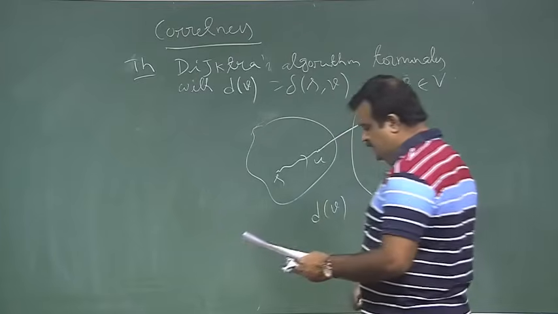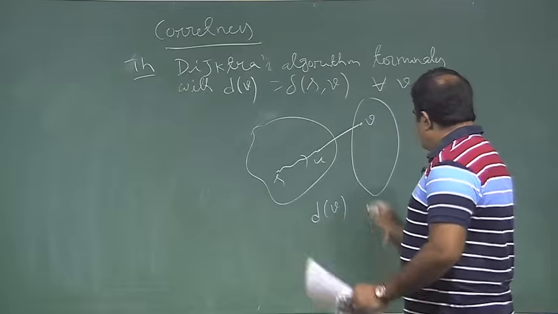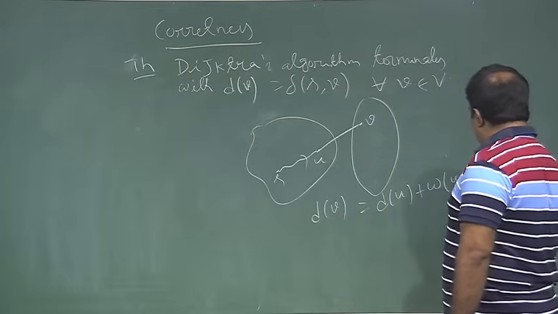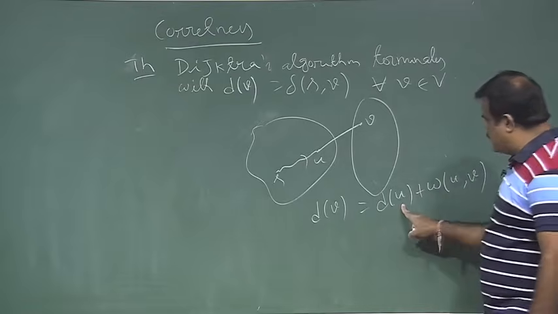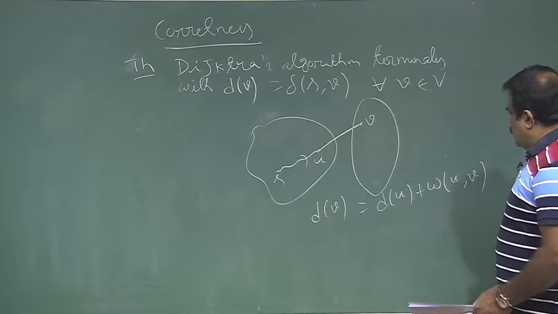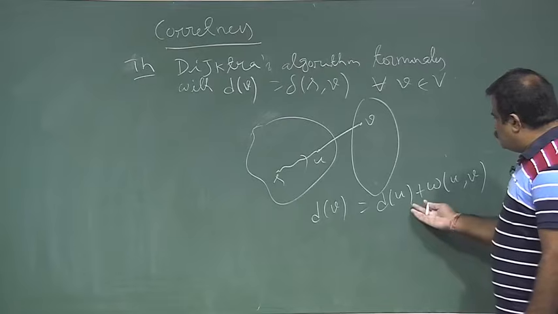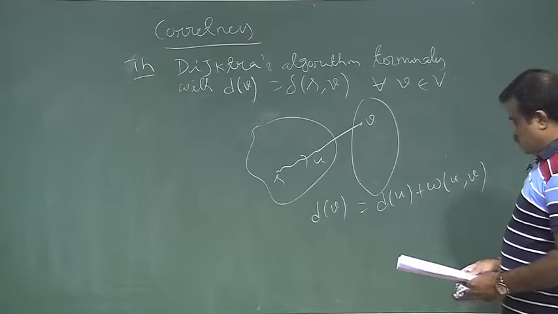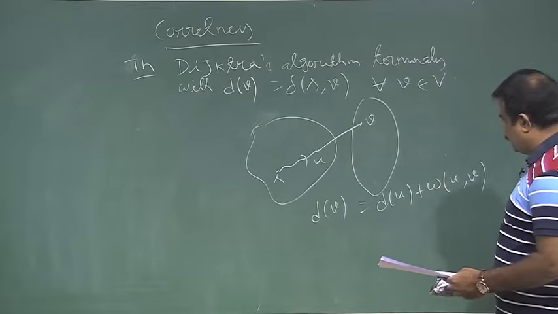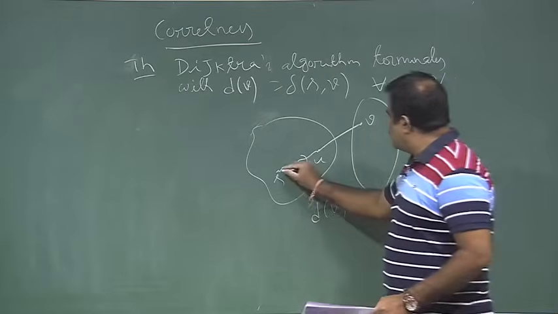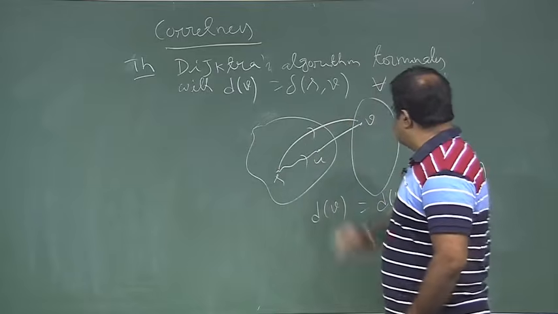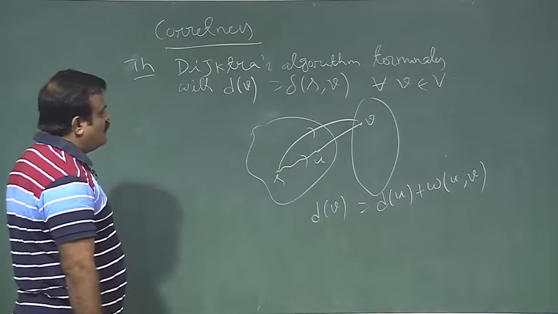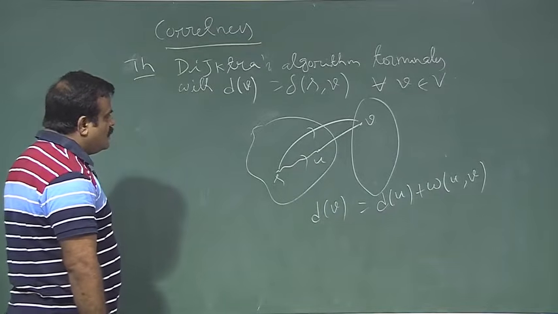The d value of V is basically d of U plus the weight of the edge from U to V. Initially U is s. Okay. So now if we choose the minimum among these, then if you take s to this vertex, any other path from s to that vertex will be no less than that.